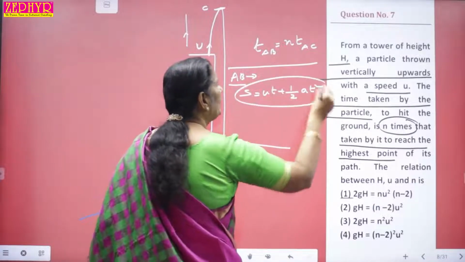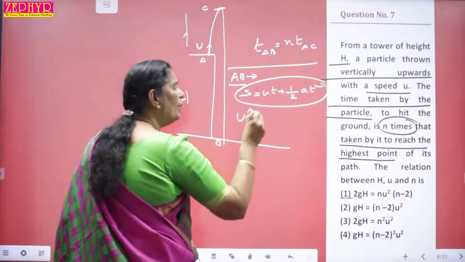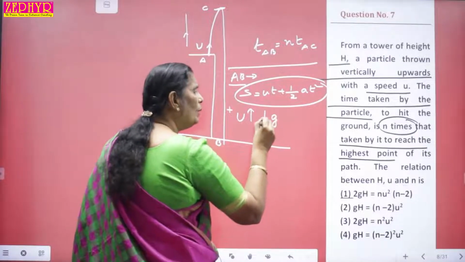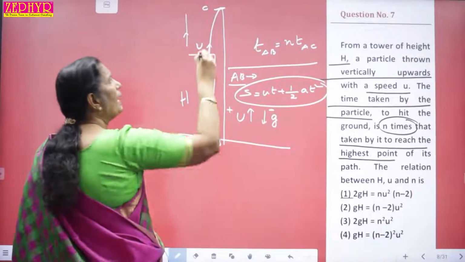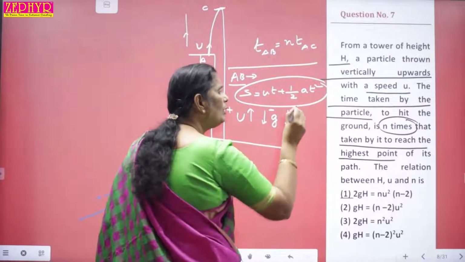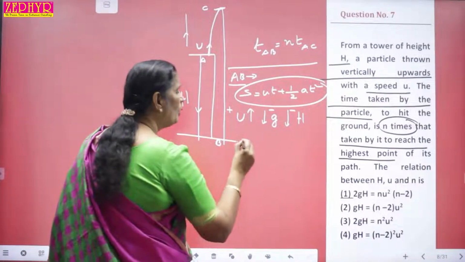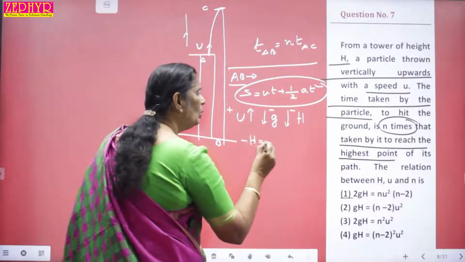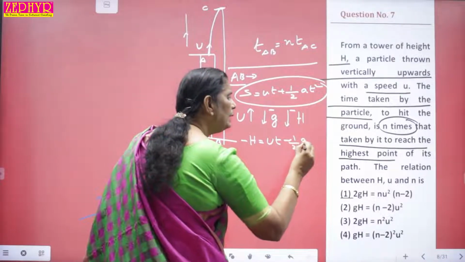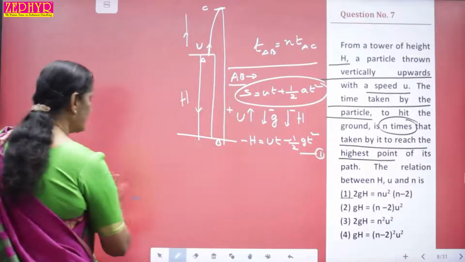U is upward, so plus. g means downwards, so minus. And H is also downward, so minus. Now substitute the values: minus H is equal to ut minus half gt square. Call that the first equation.